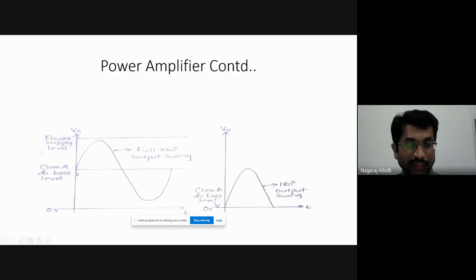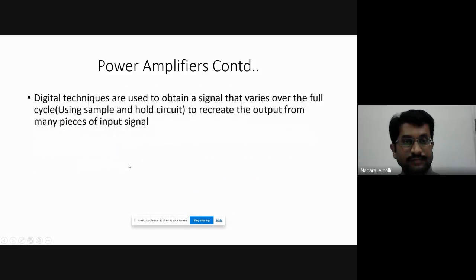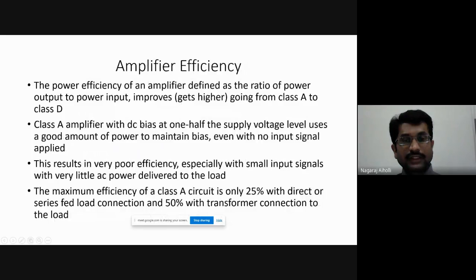So whatever power we are obtaining is wasted, or dissipated in the transistor circuits. So it is DC bias at 1/2 the supply voltage level.